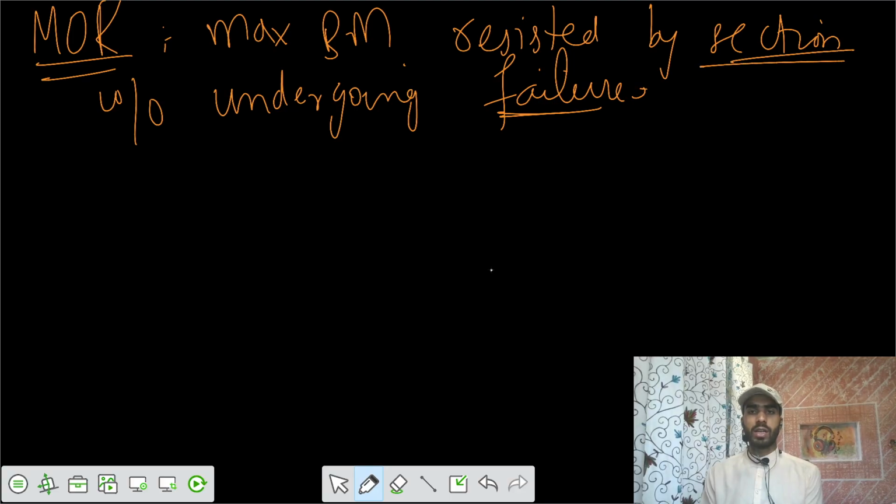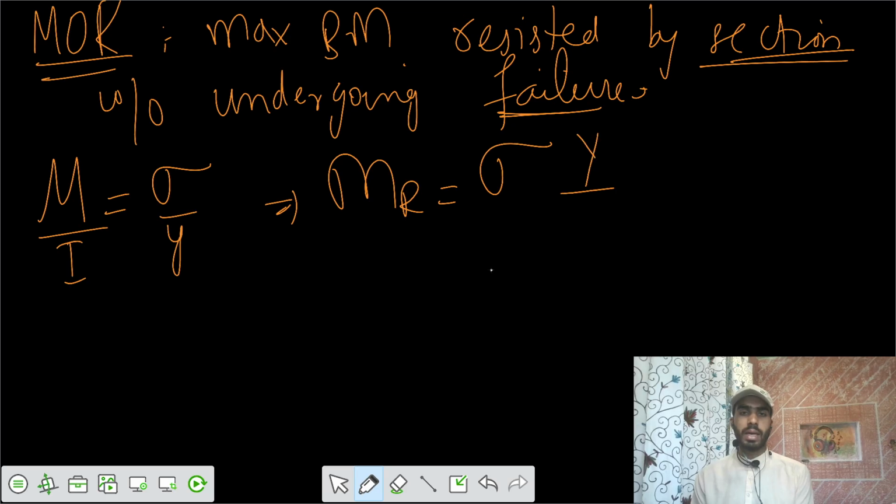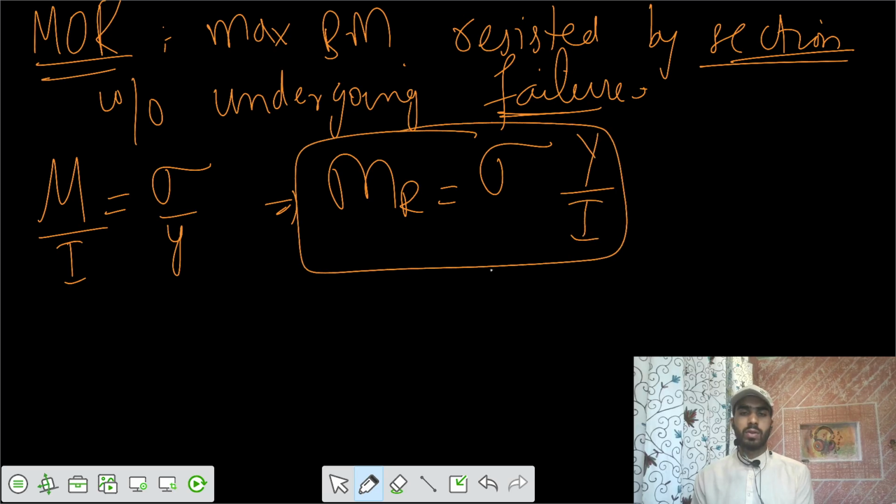we say that is the moment of resistance. From the bending stress formula, M by I equals sigma by y. That means the moment of resistance equals sigma times I by y max, which is the permissible stress you can allow in the material, multiplied by the section modulus of that section.